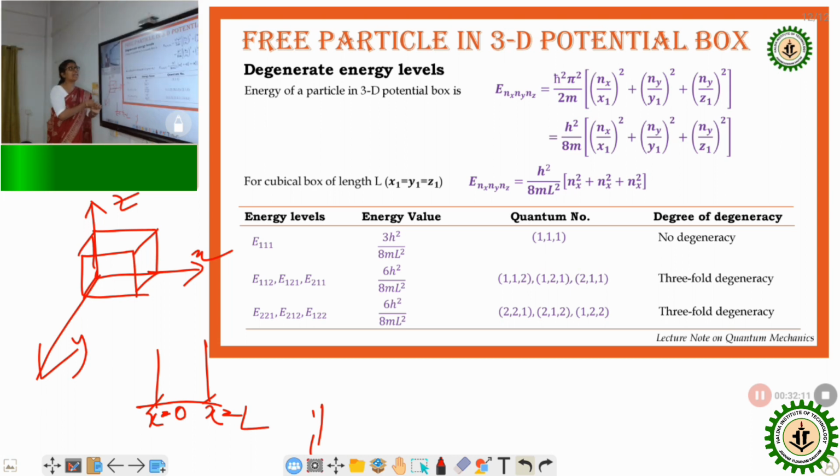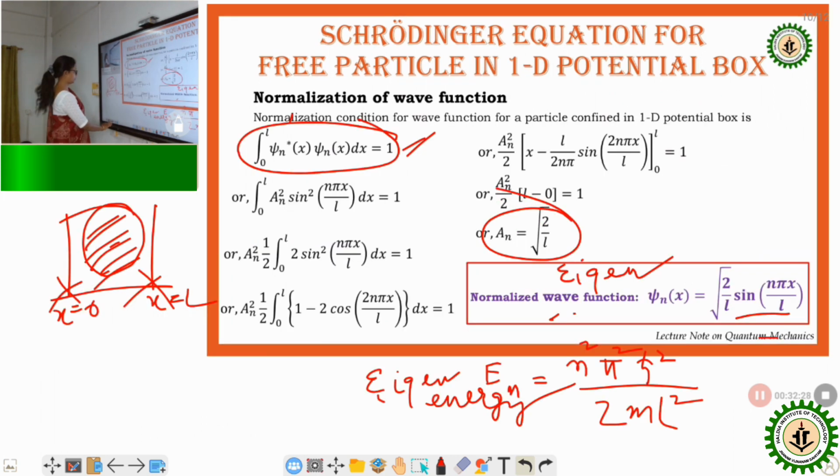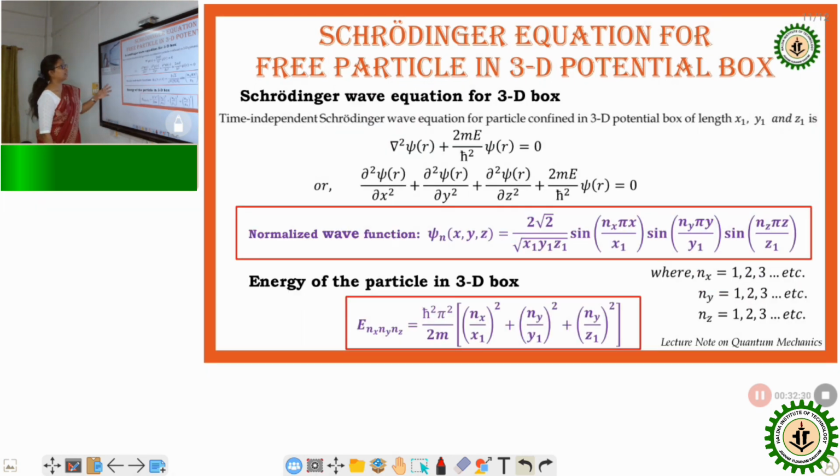So I have just put here the eigenvalue of energy, and after that, we have put here the eigenvalue of energy and the wave function.